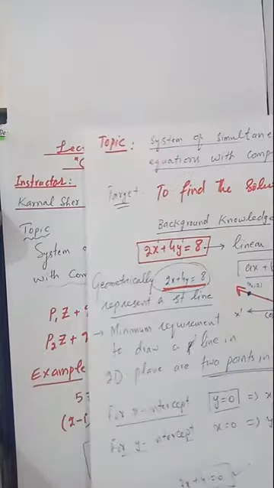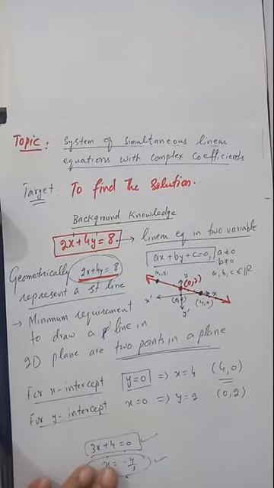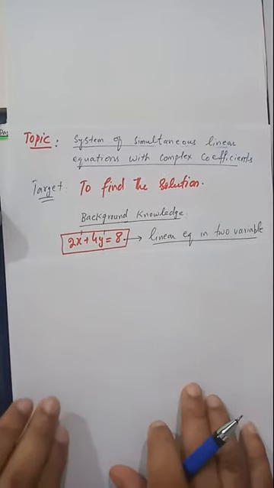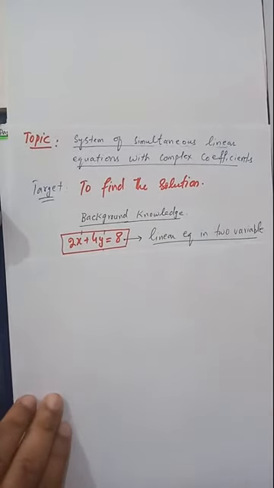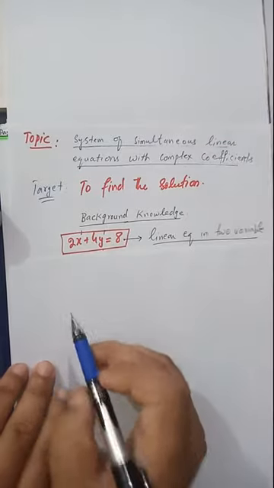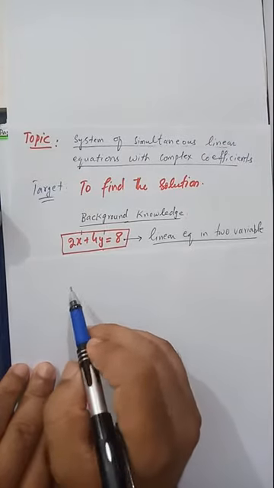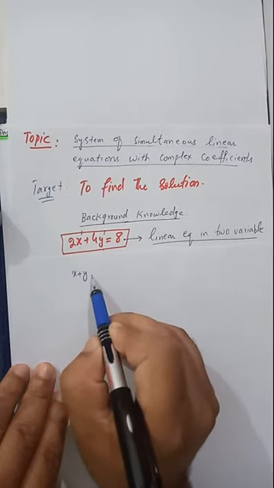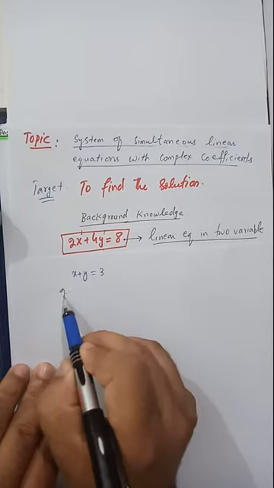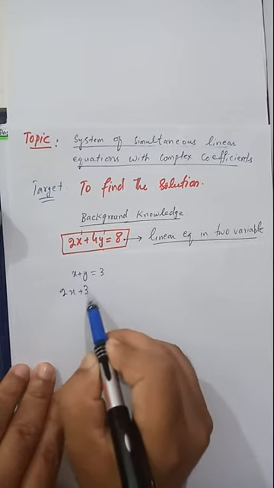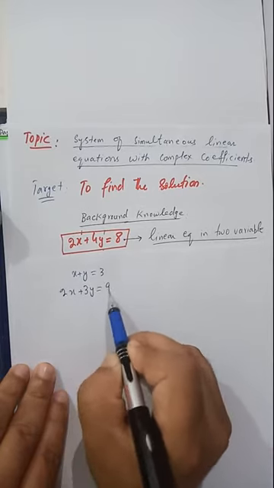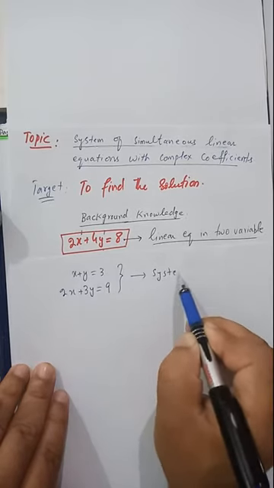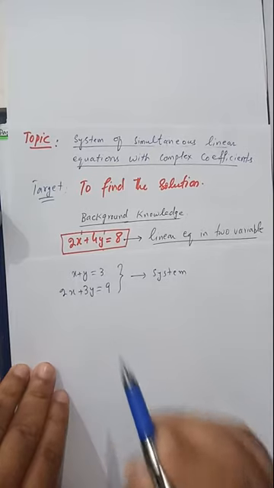Now moving towards the system, we previously also discussed that when you write 2 or more than 2 equations together, for example, let's say x plus y equal to 3, and 2x plus 3y equal to 9, this is called a system, because in this you write 2 equations combined.